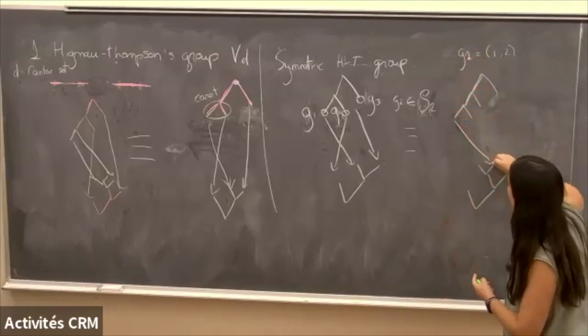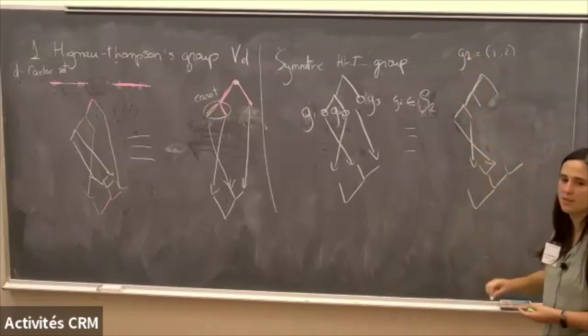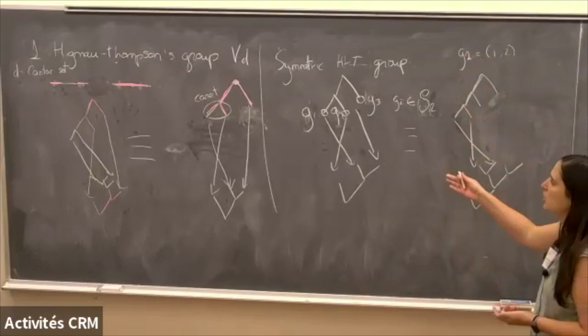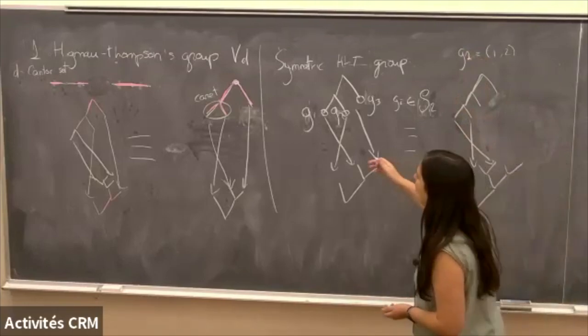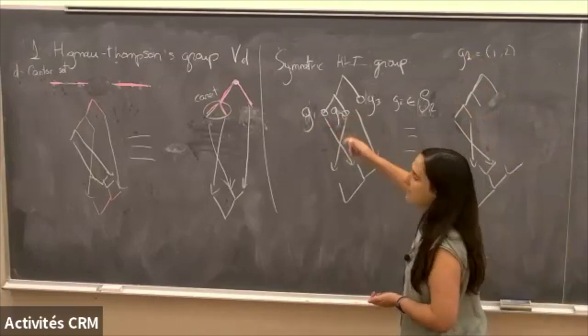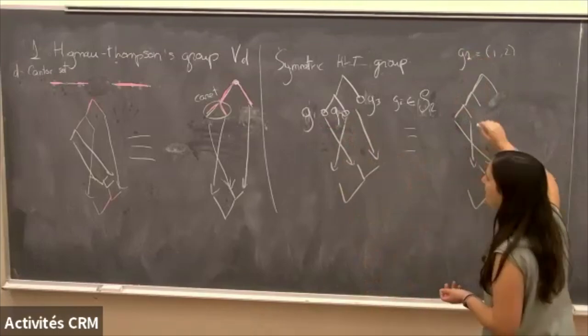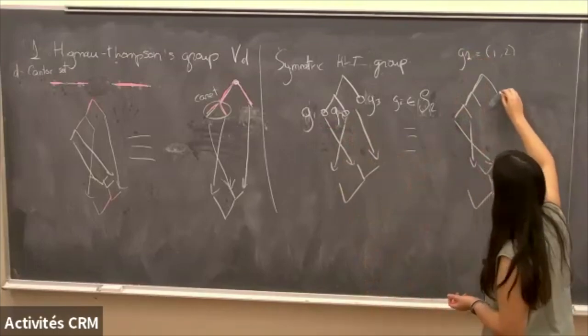So now I do it like this. Is it clear? It's just that you change the equivalence relations depending on elements that are in the symmetric group. And then the rest is the same.